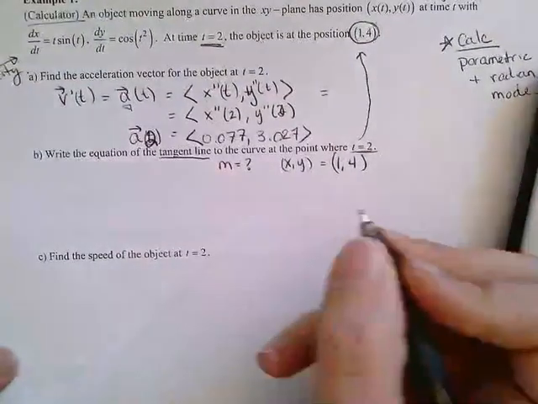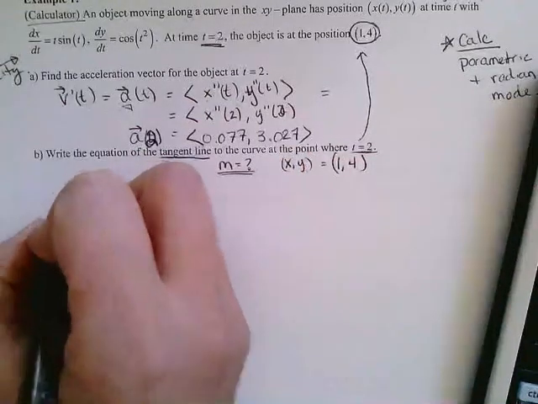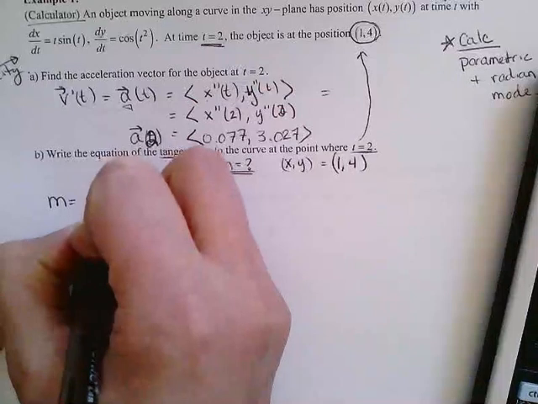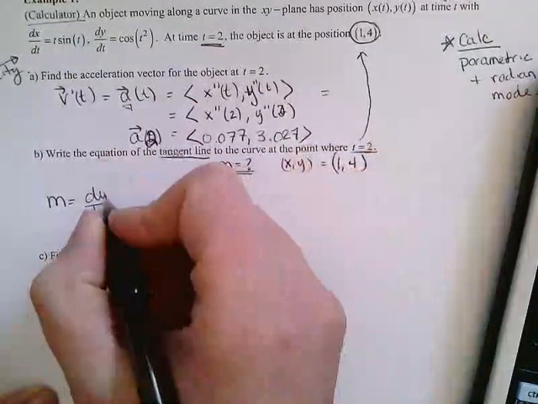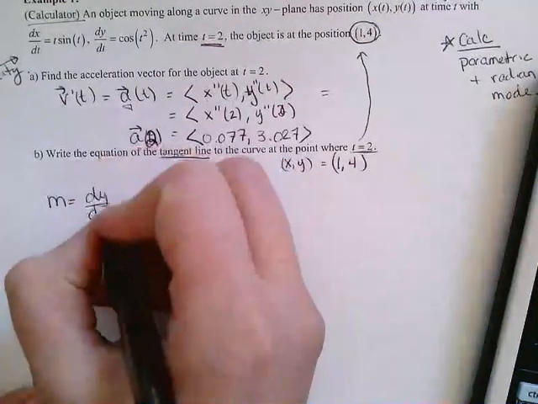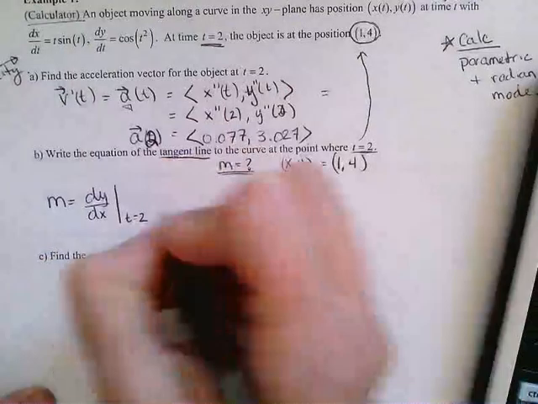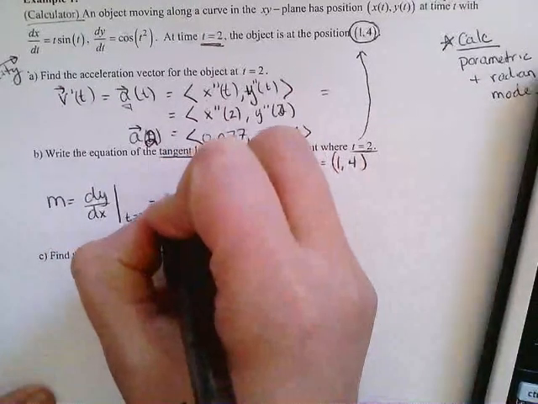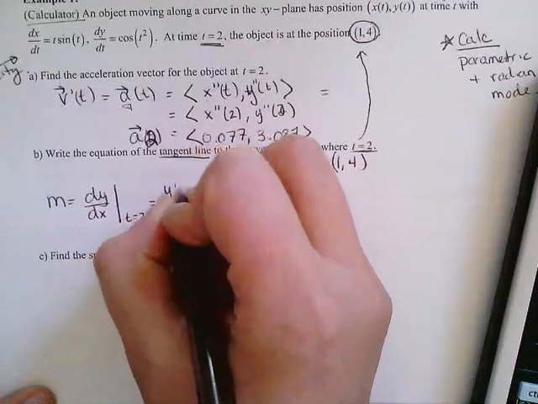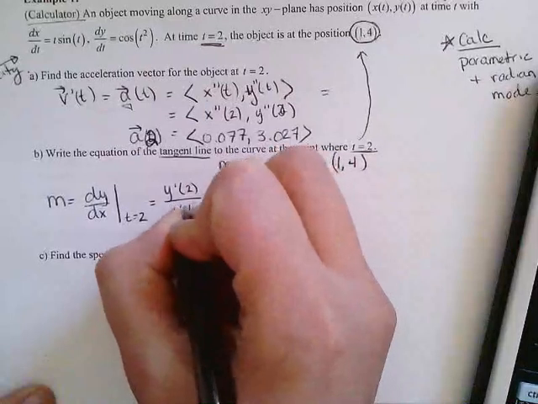Now remember, we're using point slope form, but I still need to find my slope. So if you remember, your slope is dy dx, right? So your slope is the derivative of y over the derivative of x at t equals 2. So here, my y prime of 2 over my x prime of 2.